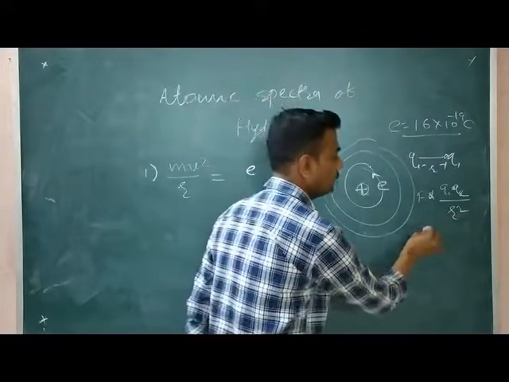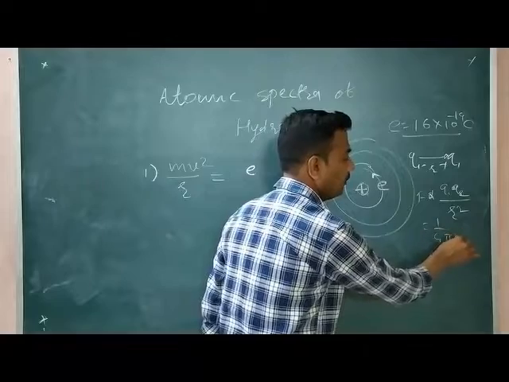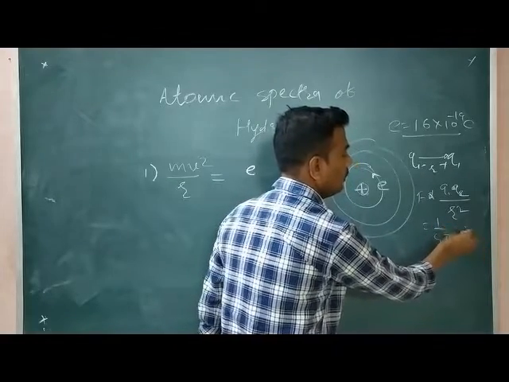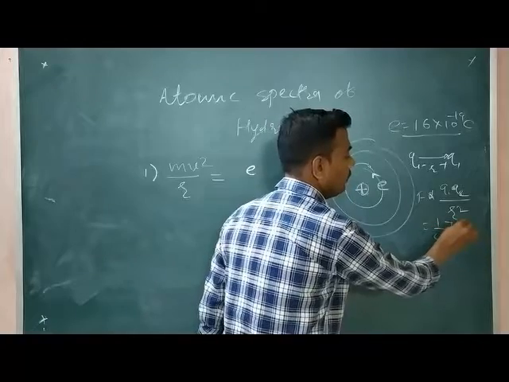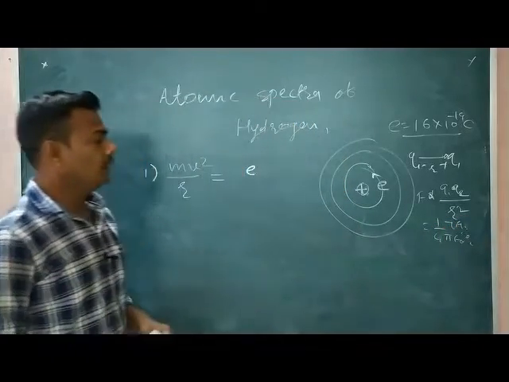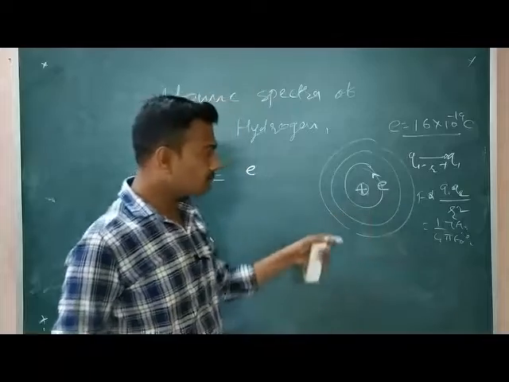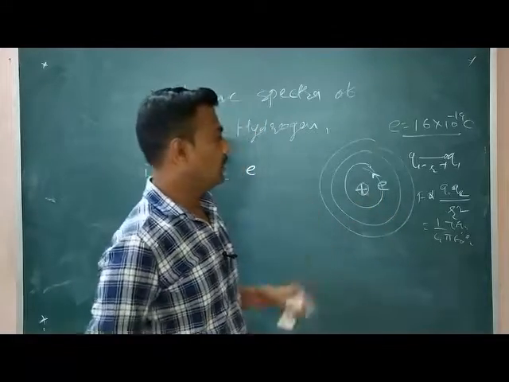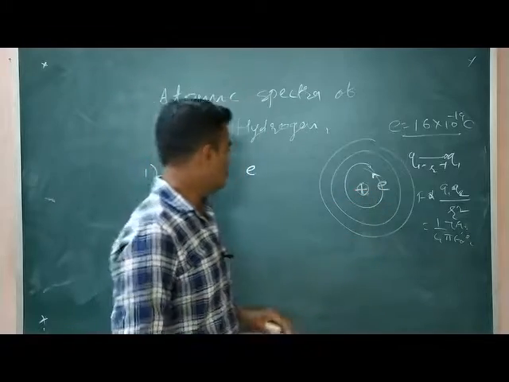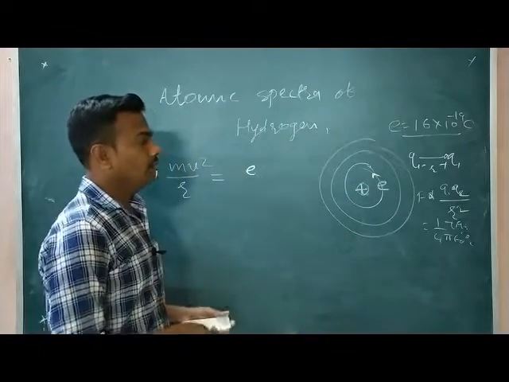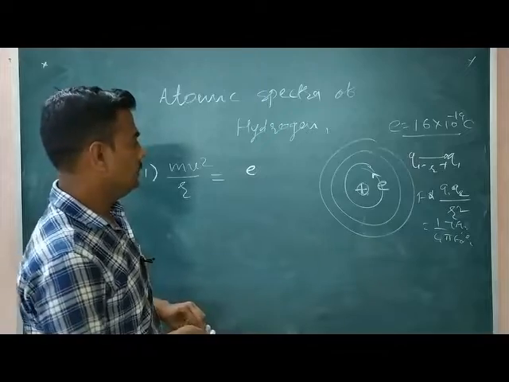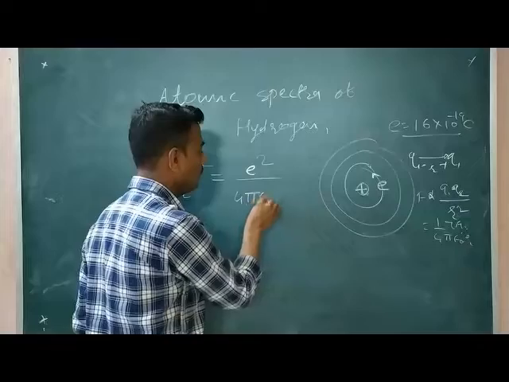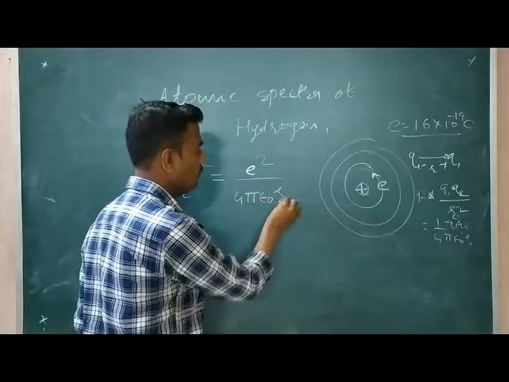The proportionality constant is 1 divided by 4 pi epsilon 0, so F is equal to 1 by 4 pi epsilon 0 into q1 q2 divided by r square. Our electron has charge e, and the nucleus has an equal charge, so the electrostatic force of attraction between electron and nucleus is e square divided by 4 pi epsilon 0 r square.